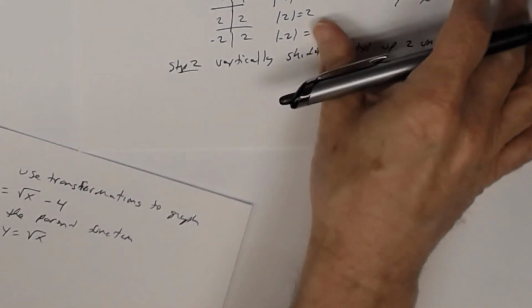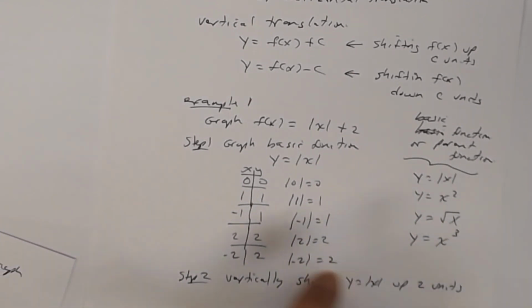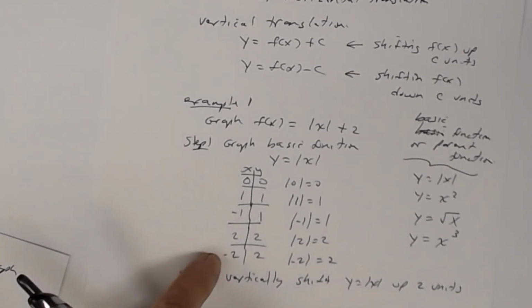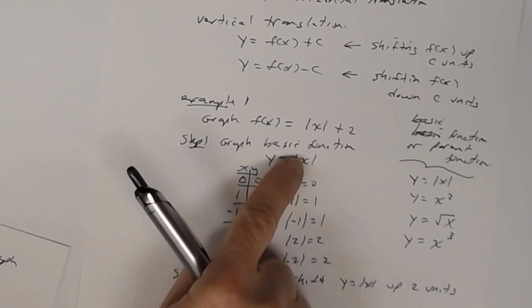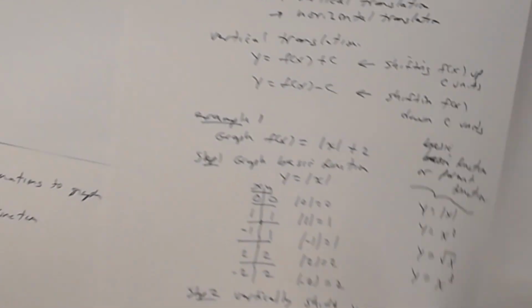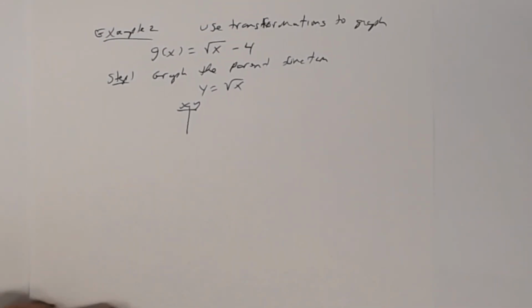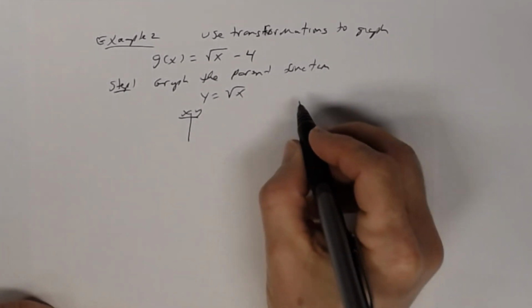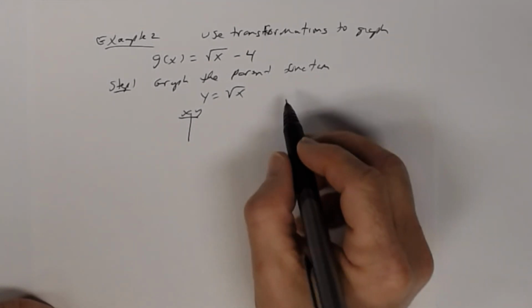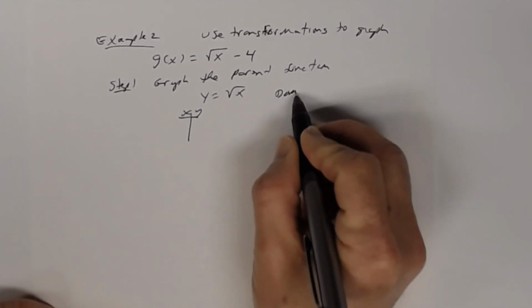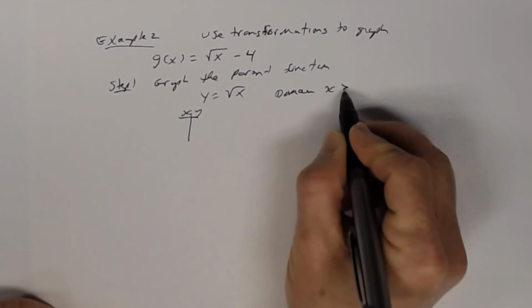In the previous problem, notice I used some negative numbers because that was part of the domain for an absolute value function. But when you talk about square root, you can only take the square root of a positive number or 0. So the domain is that x must be greater than or equal to 0.